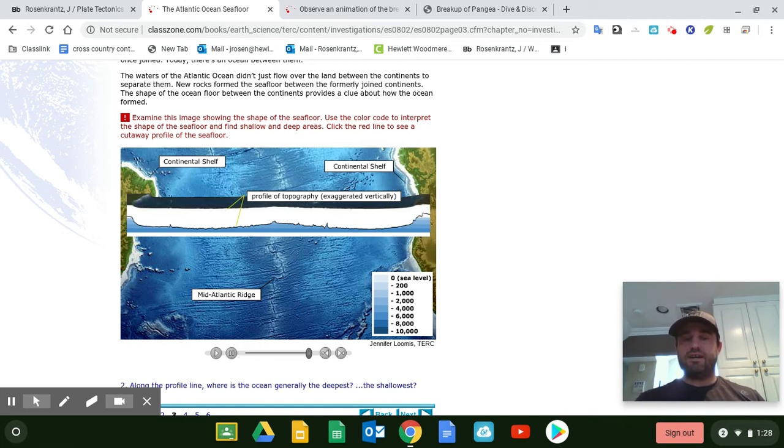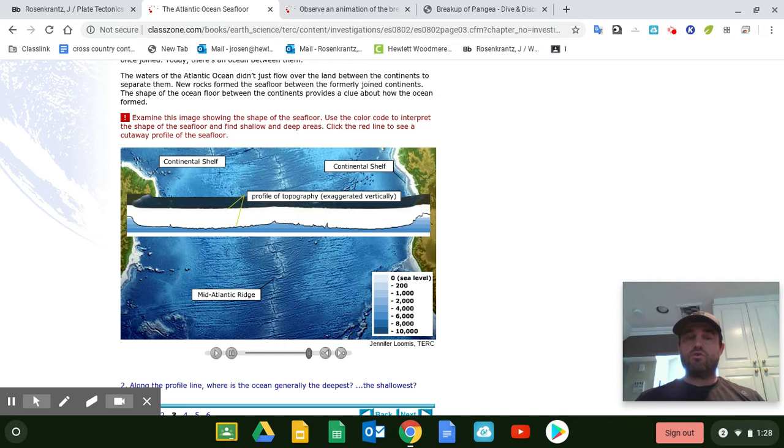They're actually all connected. They're very shallow, and what is also very interesting is that they're all volcanoes, and volcanoes are spitting out new rock.